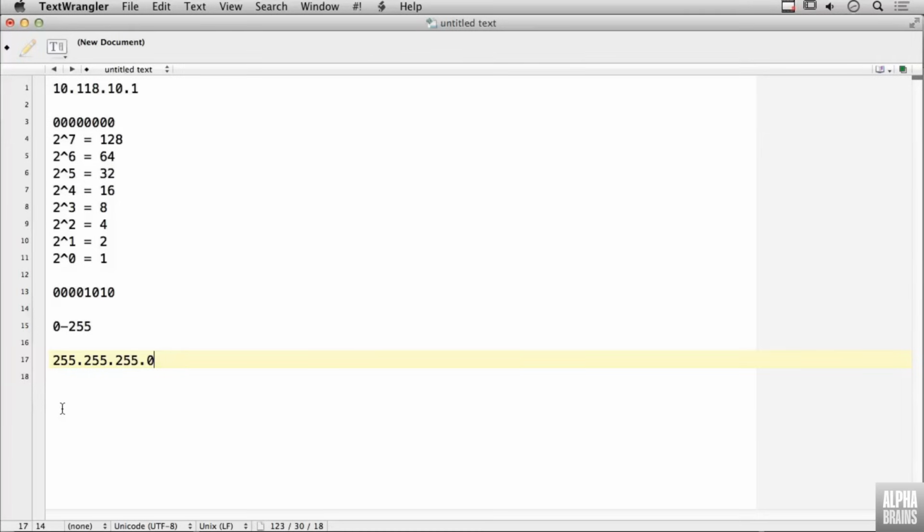Well, you remember in a previous lesson, I mentioned that we had logical addresses, and the logical address allowed us to have a logical network and then a host address. When we're talking about a network mask that looks like this, this part of the address is the network portion. So that's my network identifier here, 10.118.10.